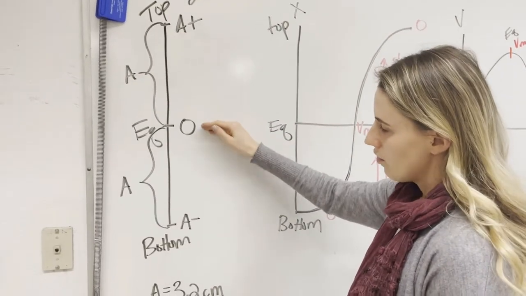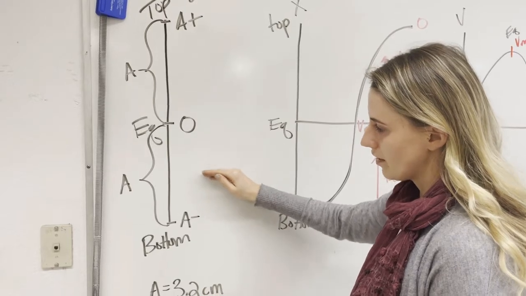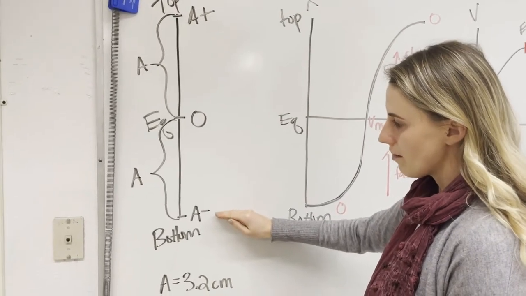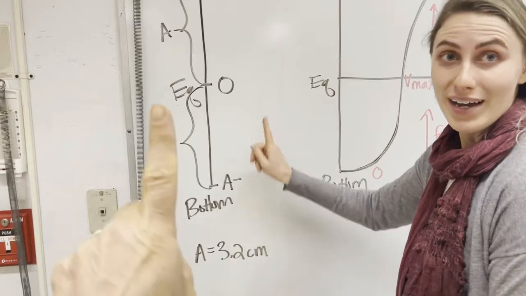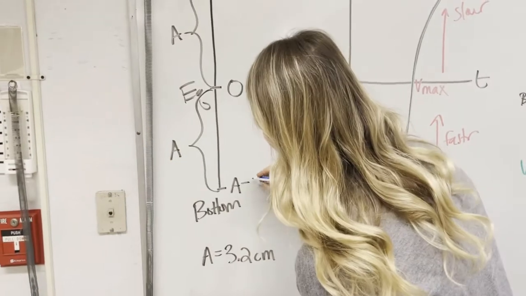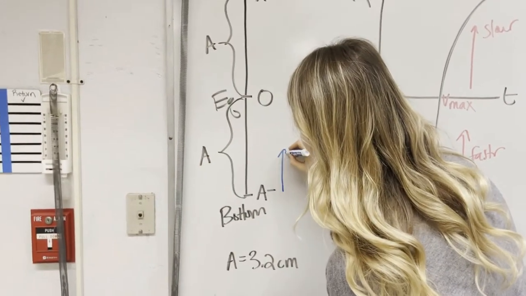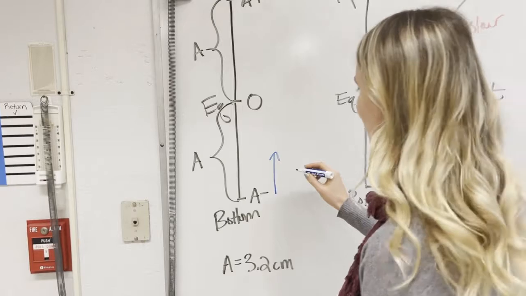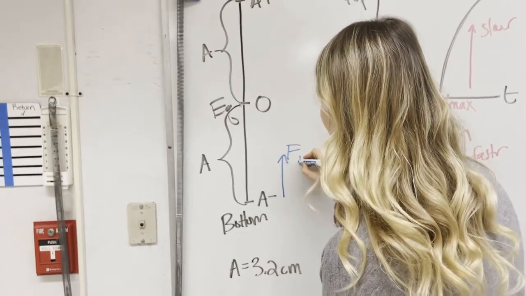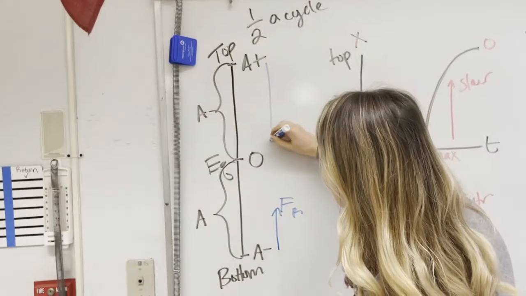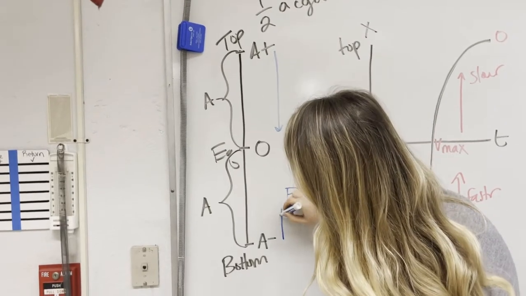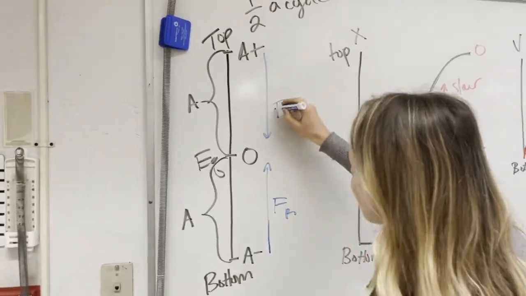And so when we have the spring stretching down to the bottom, the only thing I can think about is being pulled back up, the restoring force, trying to restore equilibrium. So that force is up. F sub R, this is our restoring force. And when it's above equilibrium, it's trying to restore it this way.